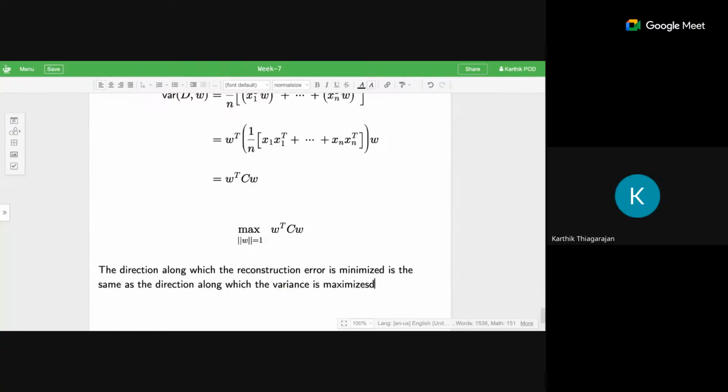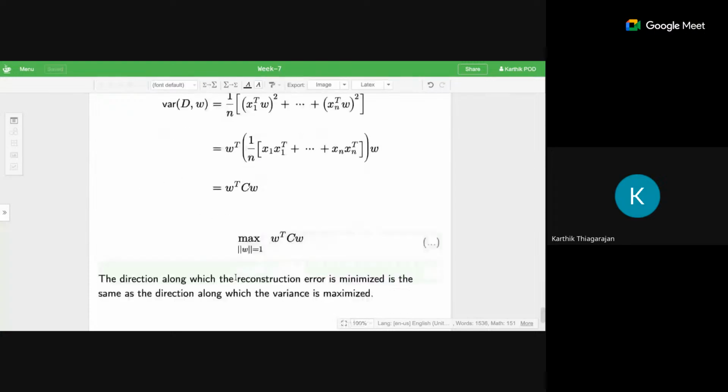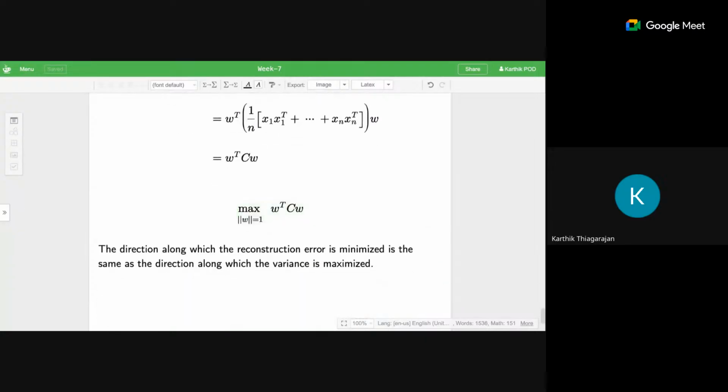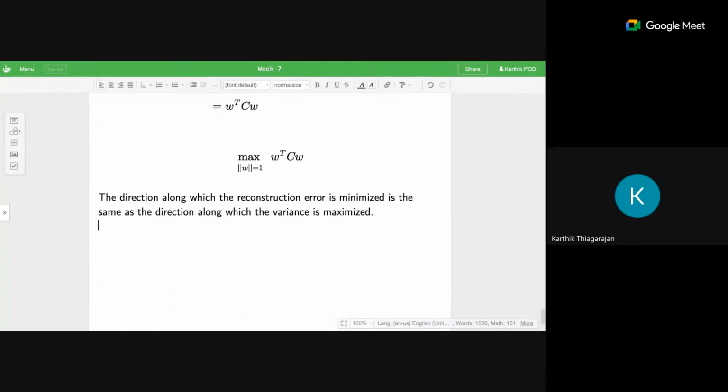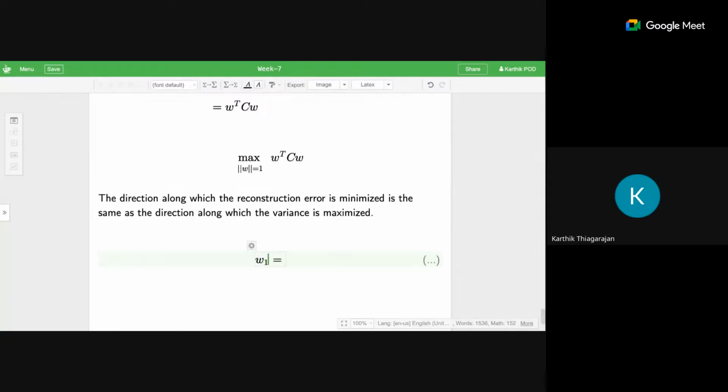And you will see that the variance is actually nothing but the eigenvalue of C. So for that, you need to understand W1 transpose CW1. Okay, this is the maximum value of this expression. So what is CW1?